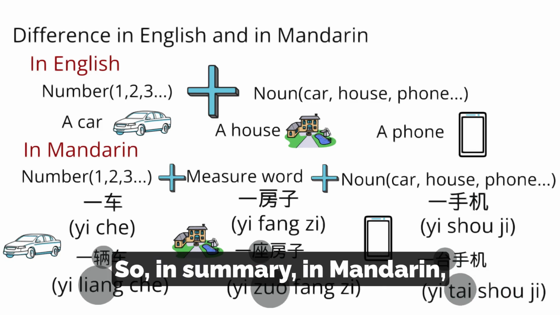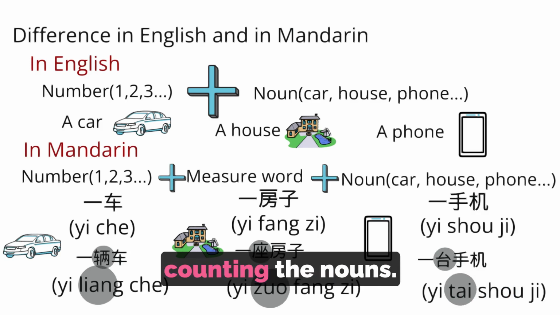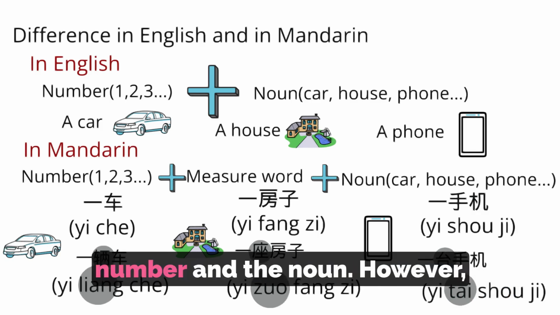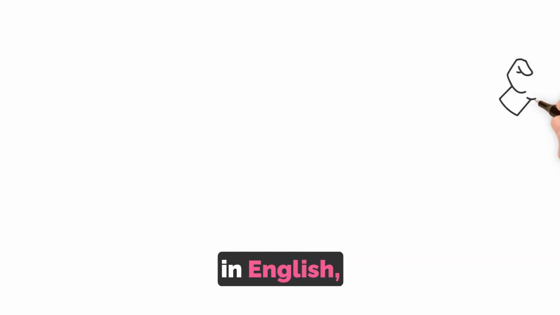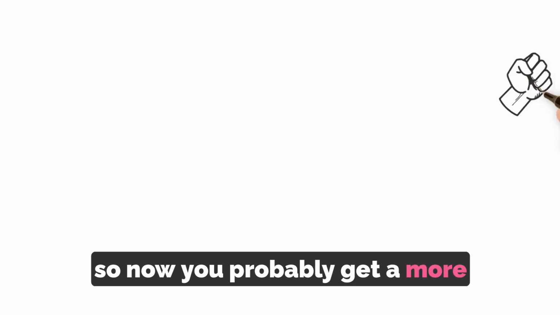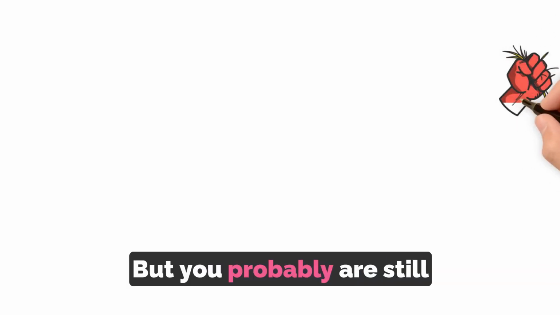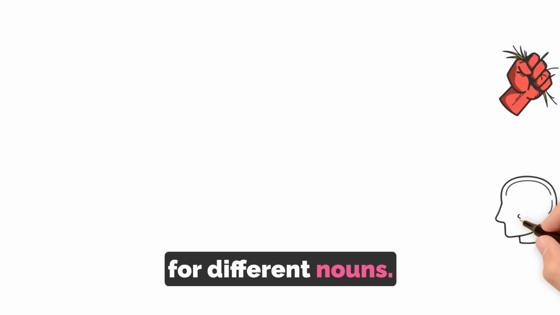So in summary, in Mandarin, the measure words are always required when you're counting nouns. So you always have to add the measure word in between the number and the noun. However, the rules are more relaxed in English. So now you probably have a better understanding of what measure words are, but you probably are still wondering how we can use different measure words for different nouns.